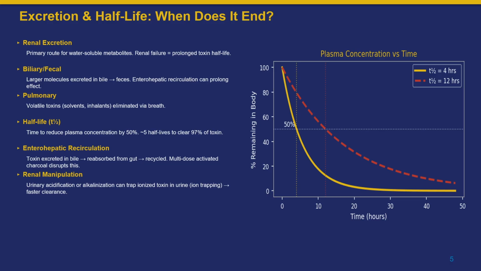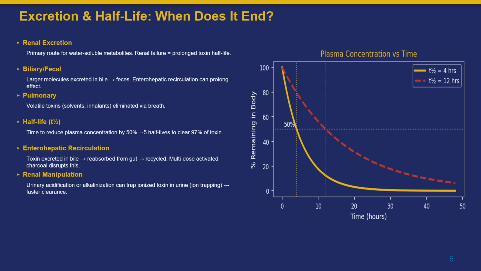Critically, it takes approximately 5 half-lives to clear about 97% of a toxin. So for a toxin with a 12-hour half-life, you're looking at 60 hours of potential toxicity. That's the kind of information that drives admission and monitoring decisions. Urinary manipulation, ion trapping, can speed excretion of weak acids or bases by adjusting urine pH.